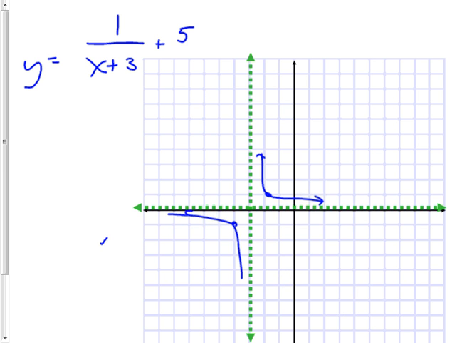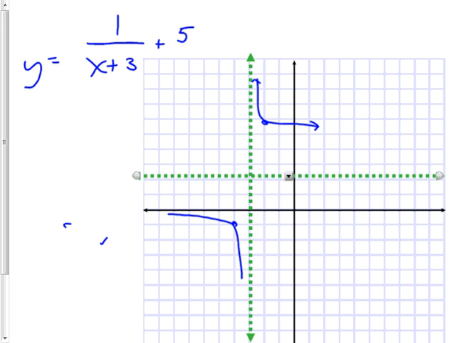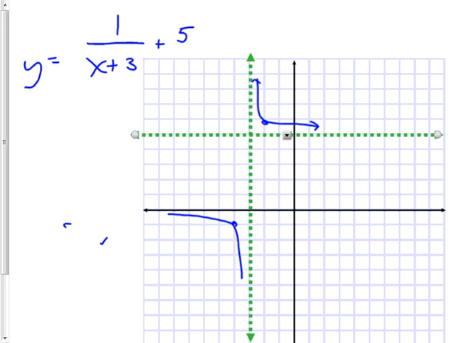Little arrows on the under, no big deal. Okay. Then up 5. Notice I'm going to have to move 1, 2, 3, 4, 5. Move the asymptote up 1, 2, 3, 4, 5. And 1, 2, 3, 4, 5. And that's about it. Okay.